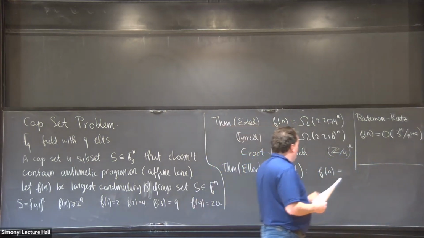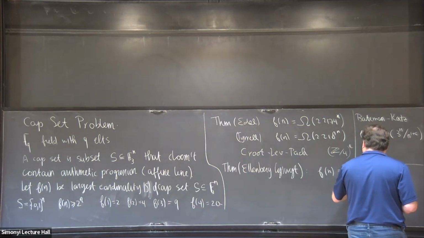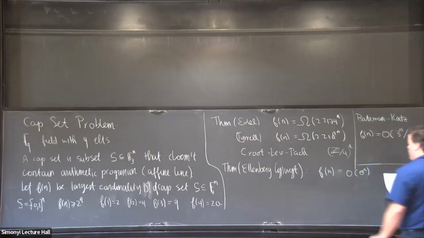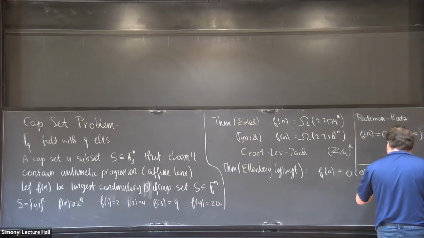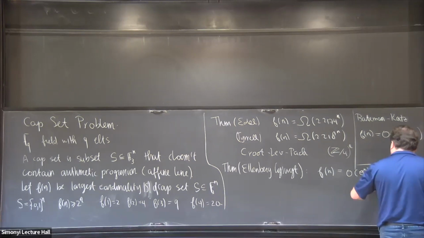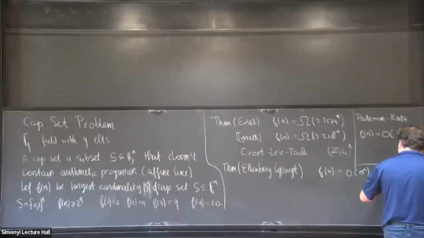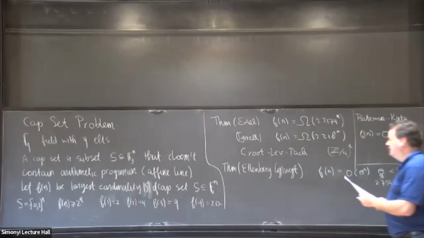But this new bound here is O of theta to the power n, where theta is strictly smaller than 3. So it's like an exponential improvement. And this theta is roughly 2.7551, I think, something like that.